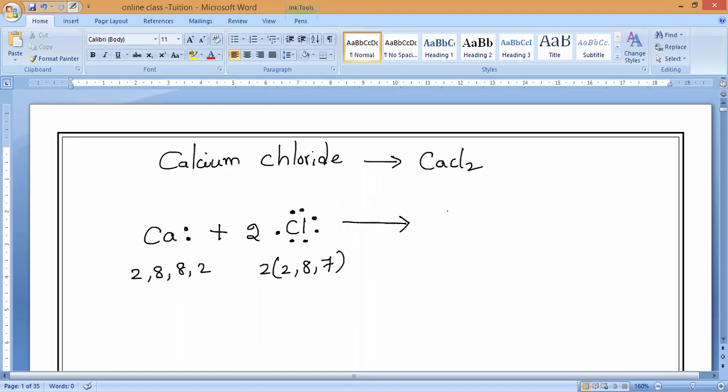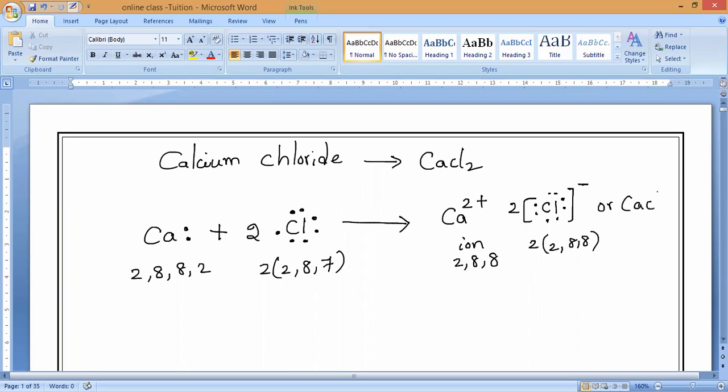Now if you observe very carefully, after donating what will happen? It will turn into Ca2+, the calcium ion, which is 2, 8, 8. And chlorine becomes chloride, Cl minus, also 2, 8, 8. Yes, this is CaCl2.